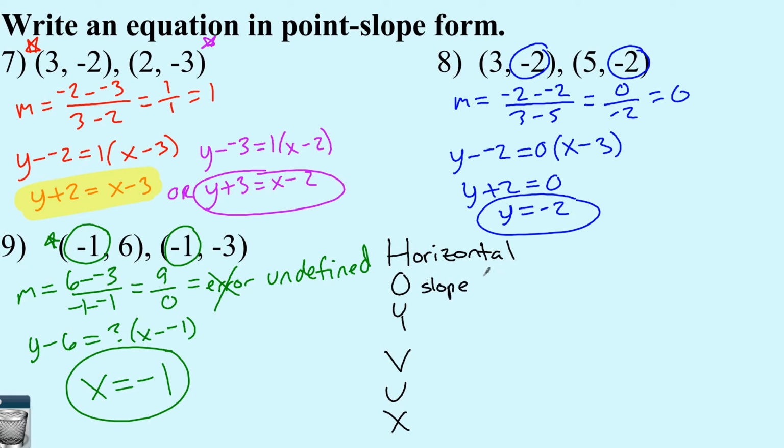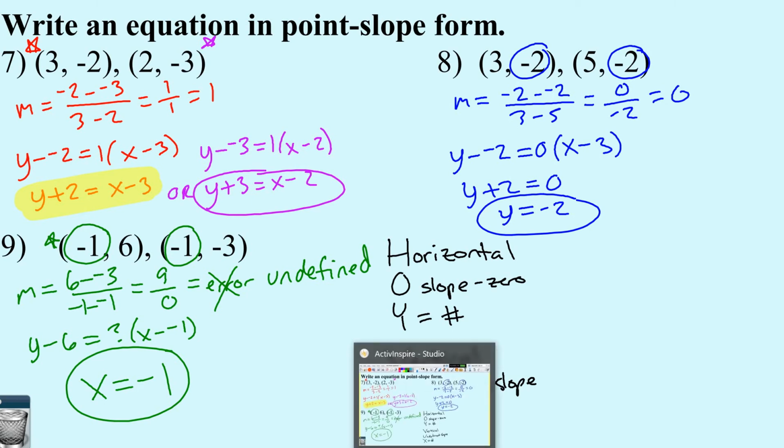Okay, not an O slope, that's a 0. Okay, and it's y equals a number is your equation. Then VUX is your vertical line with your undefined slope, and x equals a number is your equation.